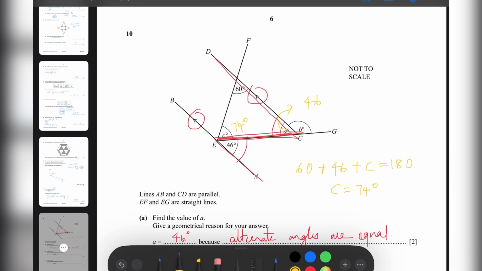Now I'll take another one, that is B. How will you find it? It's an exterior angle for this triangle. So there's an exterior angle property. What is it? The sum of the interior angles is always equal to the exterior.